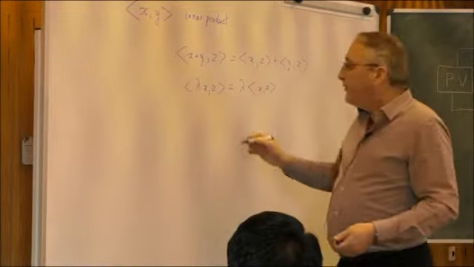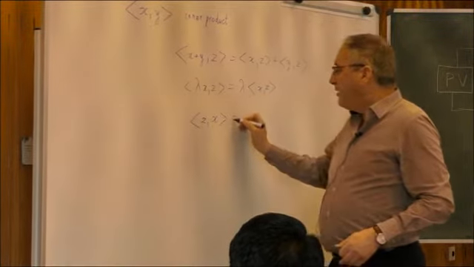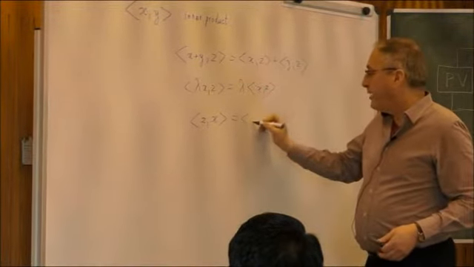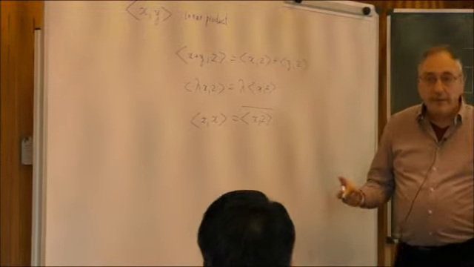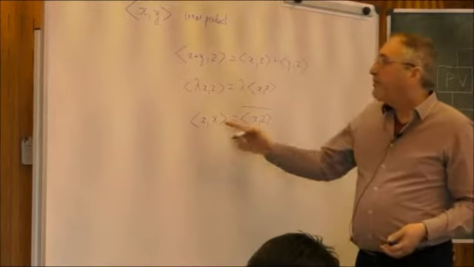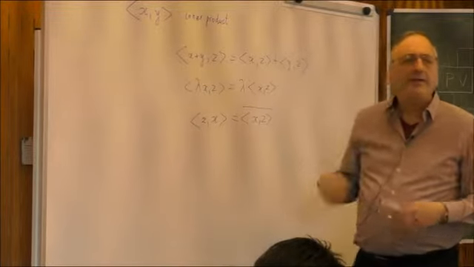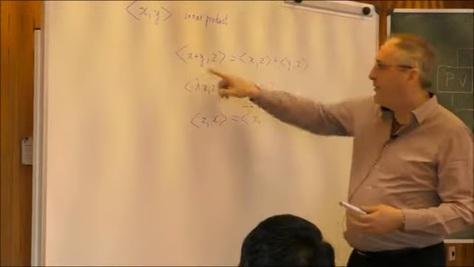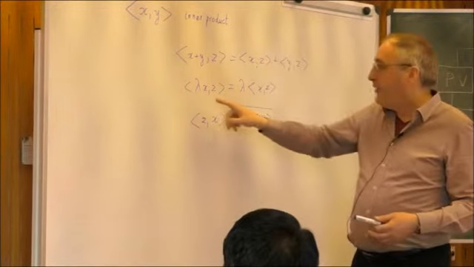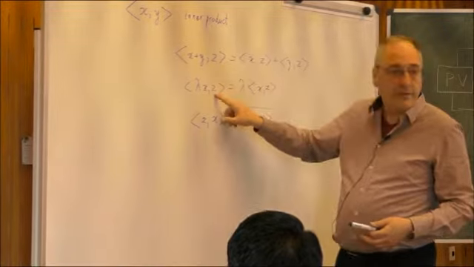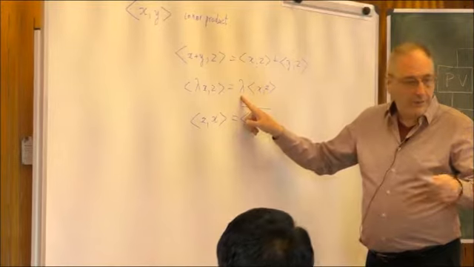Now if I swap them, if I have zx instead of xz, then that's the complex conjugate of xz. And that automatically implies that the inner product is not quite linear in the second component. It is what is called anti-linear, which means it has additivity with respect to the second component, but if I take lambda x in the second component, then what comes out is not lambda but lambda bar. Does everybody follow what I'm saying?